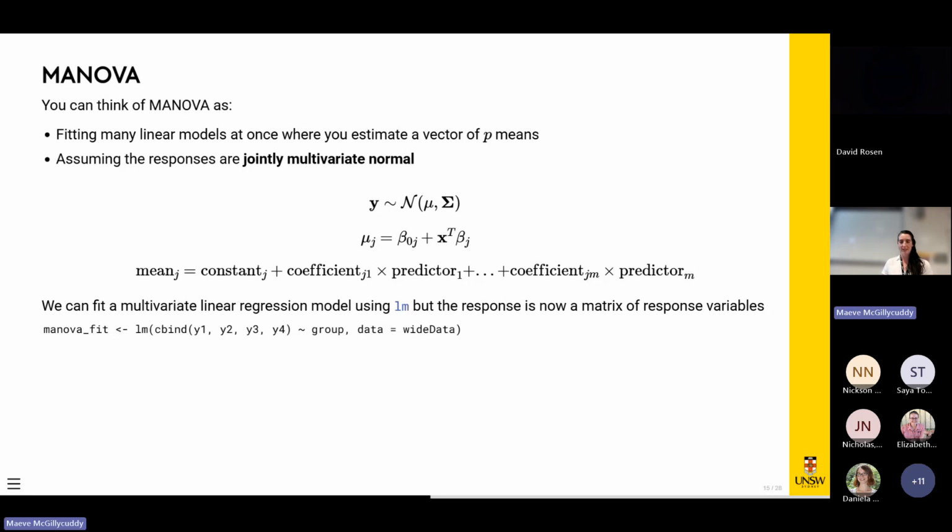So MANOVA, we can think about MANOVA as fitting many linear models where you estimate a vector of p means, where p is the number of responses. So going back to our fruit example, we had 7 fruits, so we're basically fitting 7 linear models, but there is an assumption in this model that the responses are jointly multivariate normal.